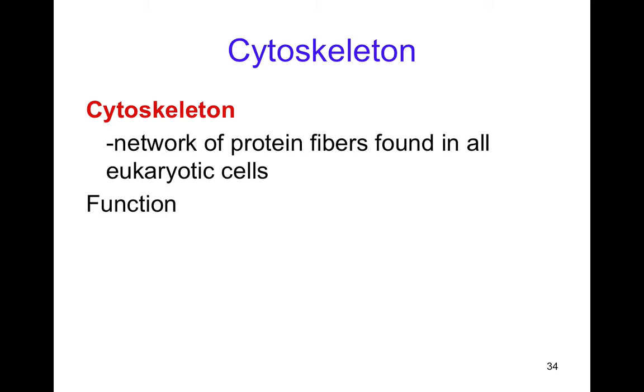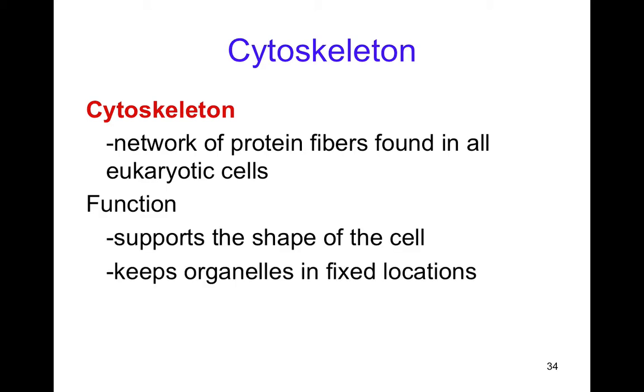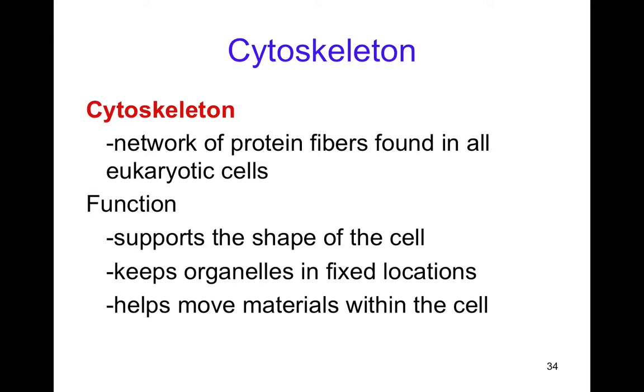So basically, cytoskeleton gives support and shape to the cell. It also keeps organelles in fixed locations, so they're not off wandering in different parts of the cell. And they're also used as kind of highways almost. Molecules use the cytoskeleton to transport things across the cell.